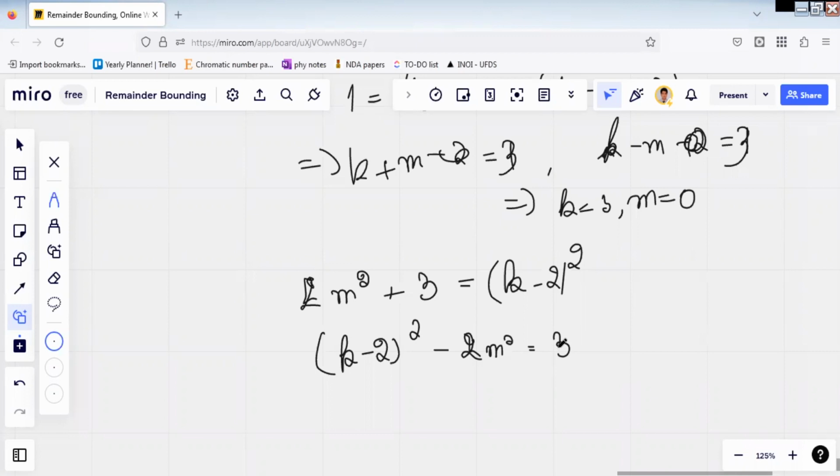Mod 4 gives k minus 2 and m are both odd. If we take k minus 2 it is odd, mod 2, yes. And then mod 4, you have m is also odd.